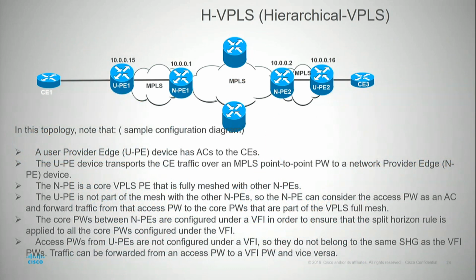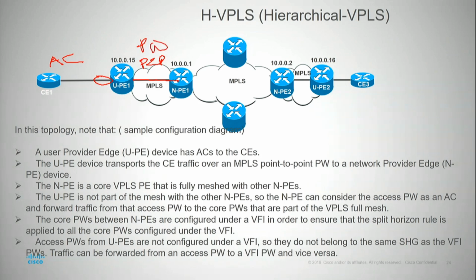The user PE devices have an attachment circuit, and the user PE device transports CE traffic over MPLS point to point. As we discussed, this becomes a point to point pseudo wire to the network provided device.